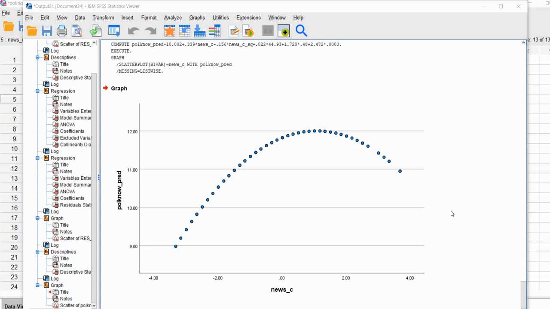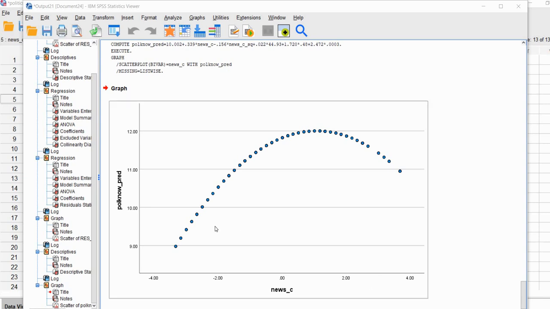Okay, so that is basically all I'm going to show you in this video. I will mention that in the PowerPoint I go into a little more discussion on how to generate those simple slopes, if you will, basically slopes of the relationship between news consumption and political knowledge at different values on news consumption.